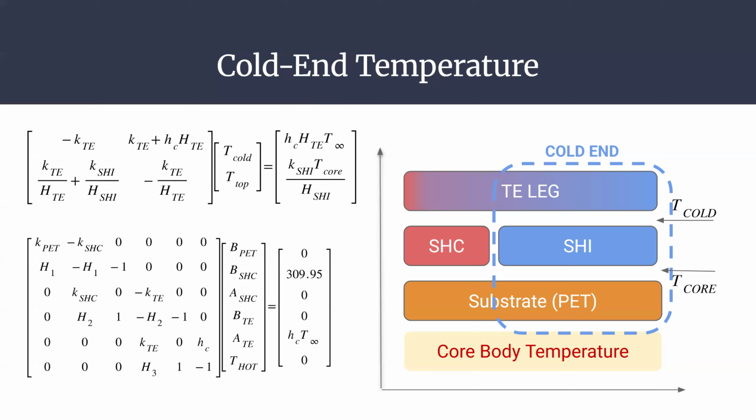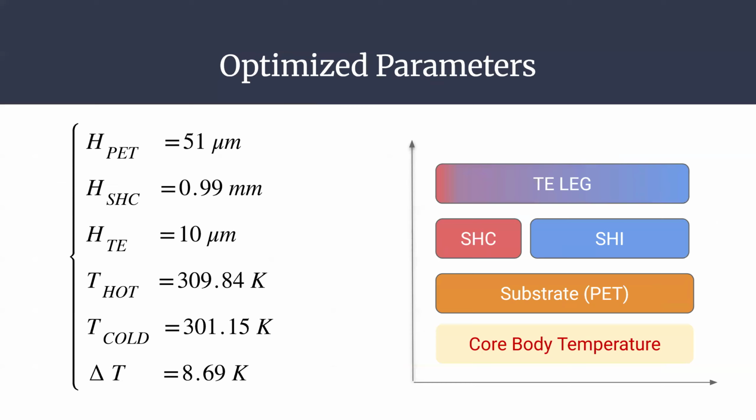We were able to come up with an algorithm that optimized not only the T hot, but most importantly, the delta T to maximize the open circuit voltage. Next slide, please.